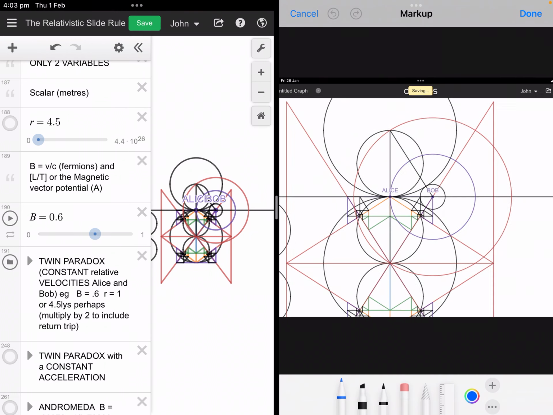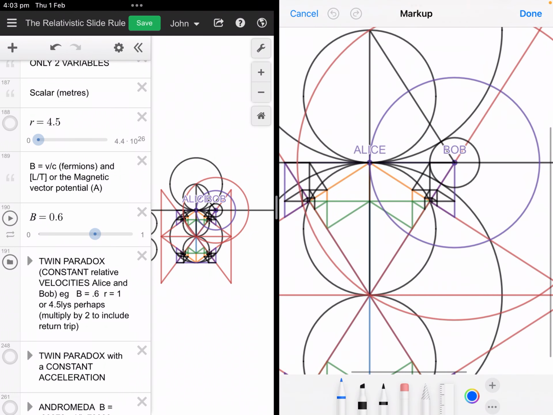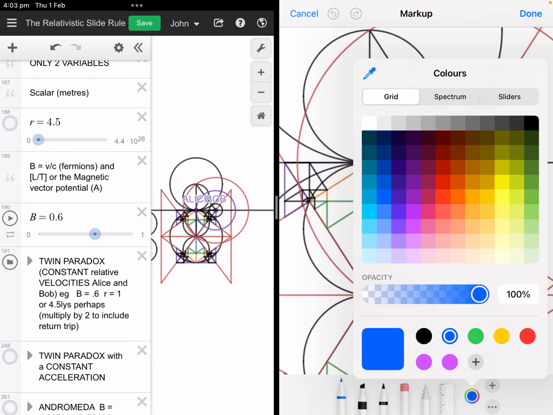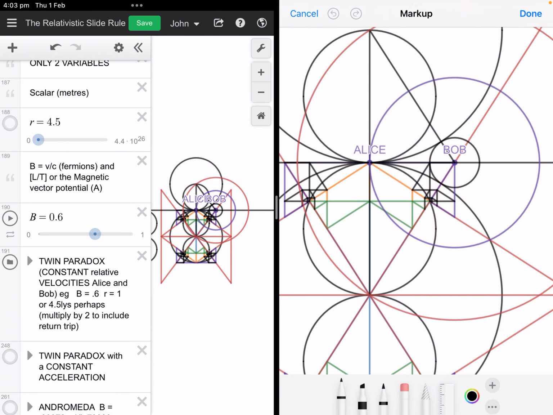Okay, so just to finish off one point, when Bob's moving at a constant velocity, it's like this velocity has been slowly increasing, and then it just started dropping again.